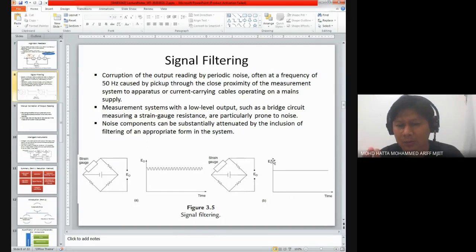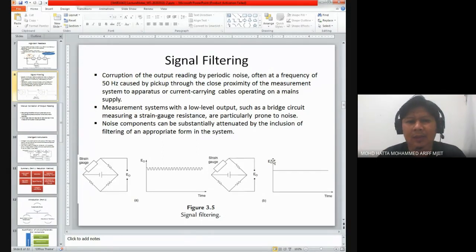Other than that, they will block the frequency. In this case, we suggest that we use a band stop filter, which combines the idea of low pass and high pass, where we only stop that particular frequency to get our output clean.